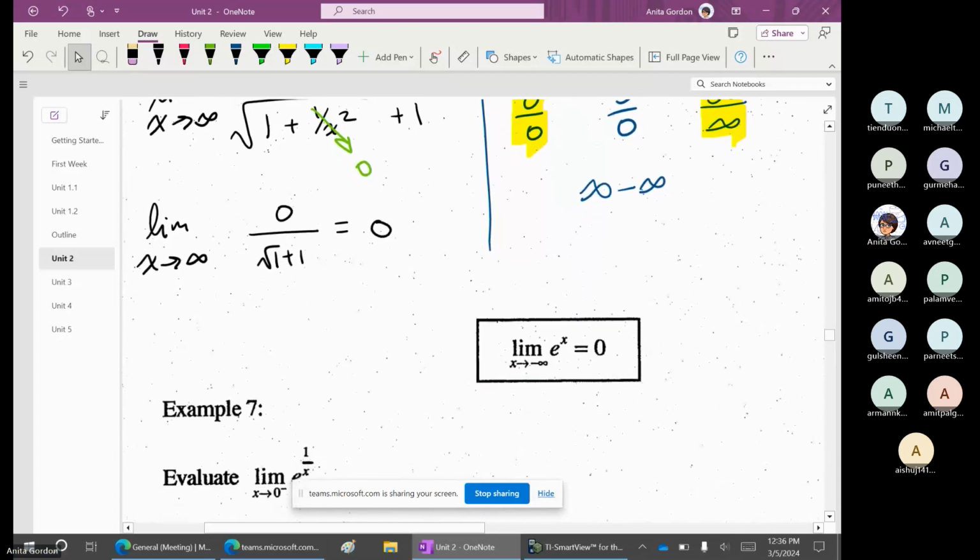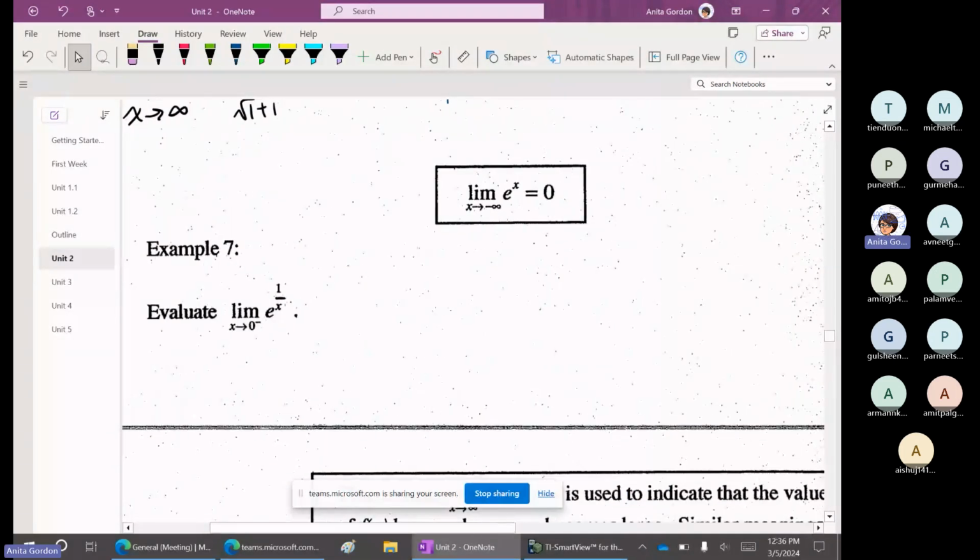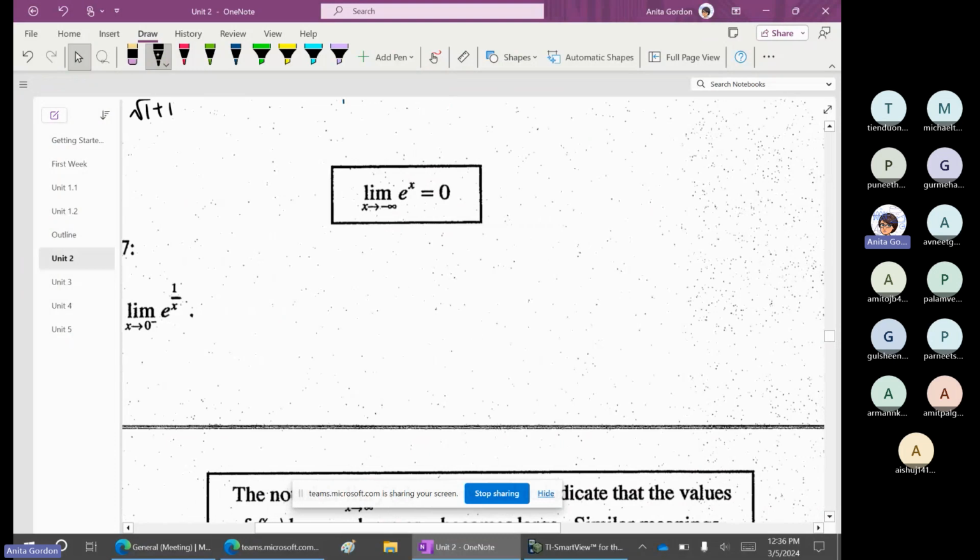Okay. The limit as x approaches negative infinity of e to the x is 0. This is a fact. That's why it's in the box. And I will remind you that when x is 0, e to the x is 1, and then it goes like this.